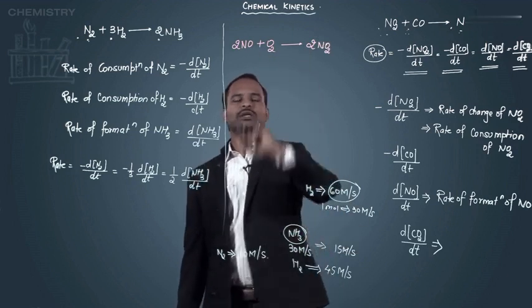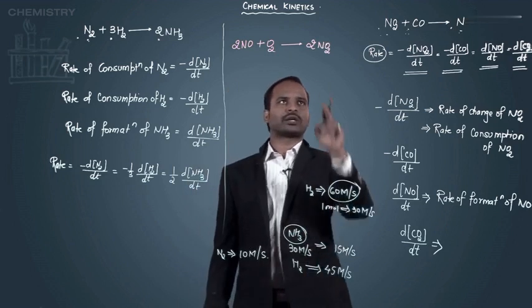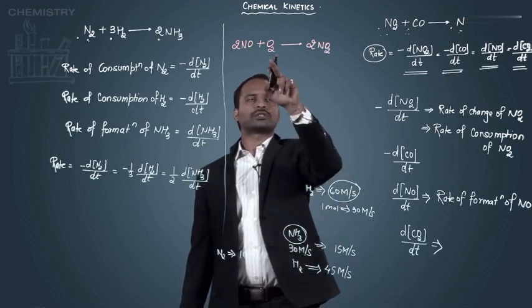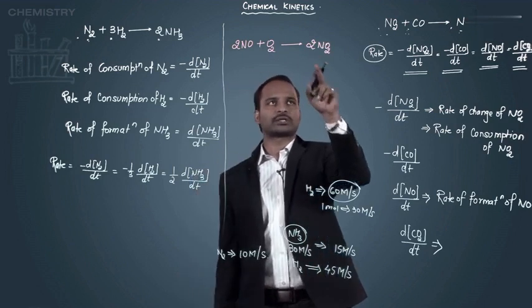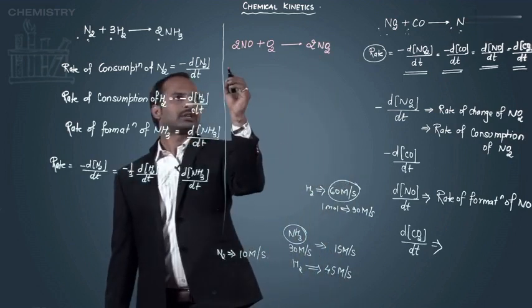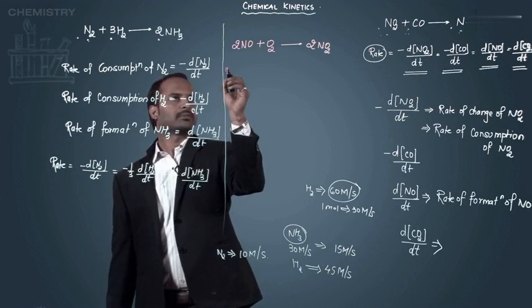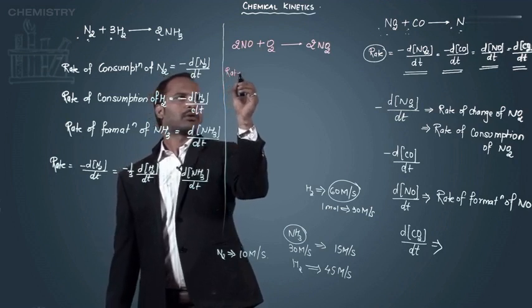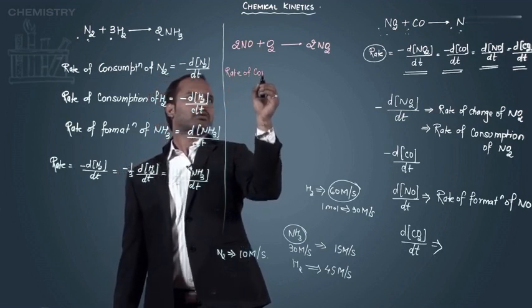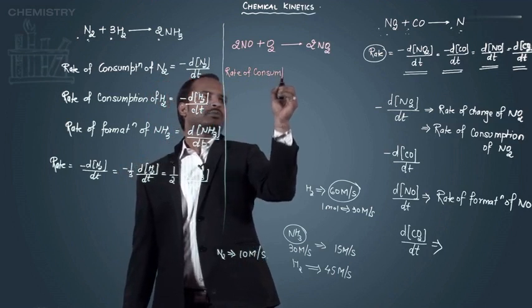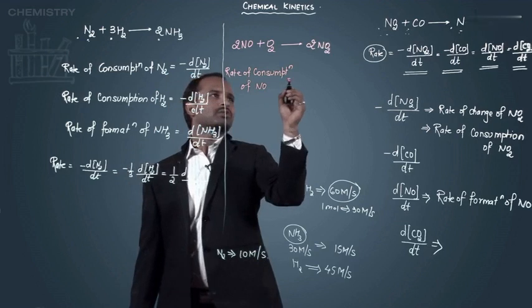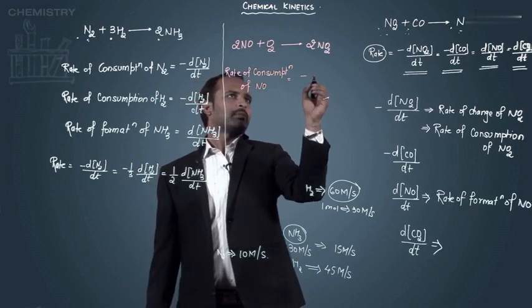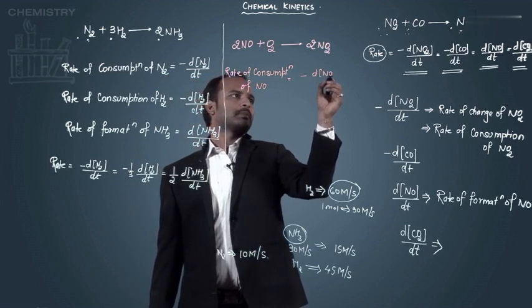Similarly, if I know the consumption speed for oxygen, then I can write it for NO2. If it is 5 molar per second, this is going to be 10 molar per second, that is double. Suppose I want to write the same thing again. The rate of consumption of NO is minus d[NO]/dt.